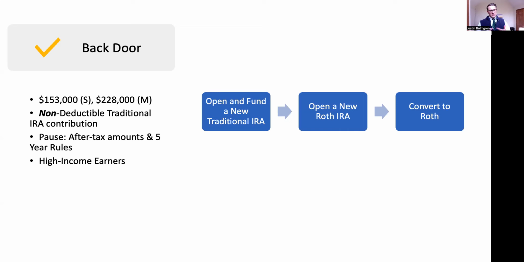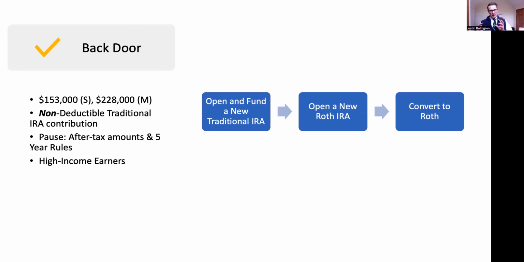To do that, we open up a new traditional IRA and fund it with whatever the max is for that year, 7,000 for the traditional IRA with catch up and so forth. So we fund that. And then immediately, after we've opened up a new Roth IRA, we convert the traditional IRA funds into your Roth IRA.